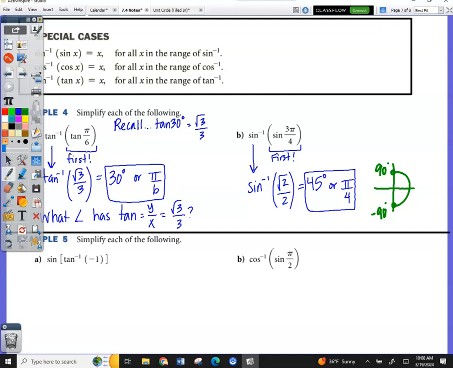Oh, range is right there. So what I was saying is this, because this is in quadrant 2, but this is a regular trig function, this is okay. The problem would be if we ended up with the sine inverse of 3 pi over 4. That's a problem. That has just jumped into a quadrant that sine's not allowed.